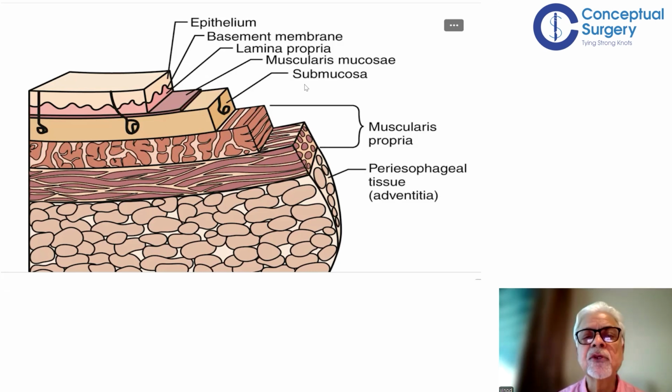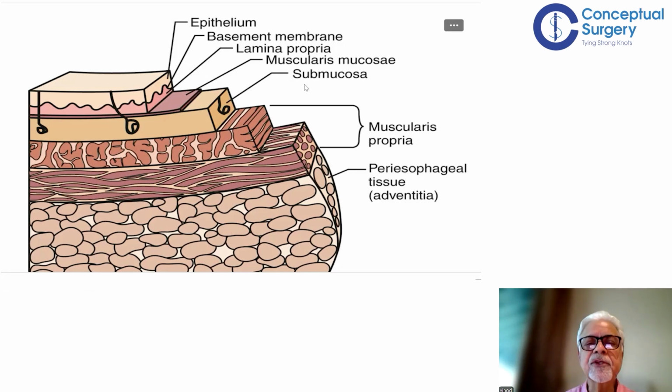So it's not only a tool to diagnose, but can also help us in staging with respect to carcinoma of the esophagus. So it bears remembering: epithelium, basement membrane, lamina propria, then muscularis mucosae, submucosa, and muscularis propria.